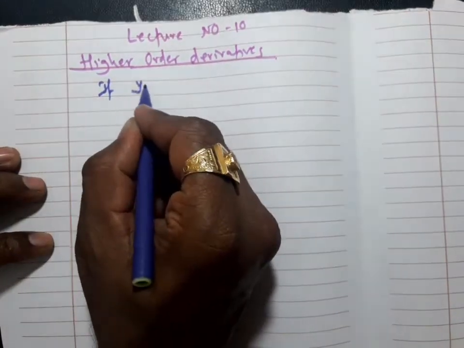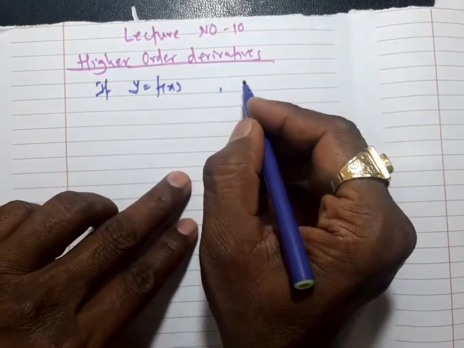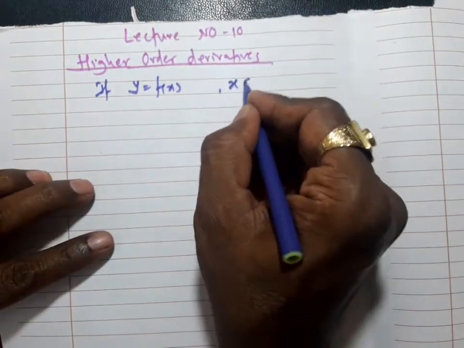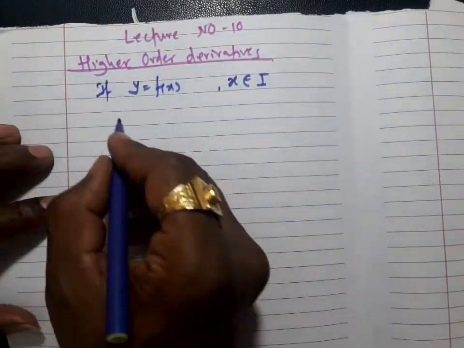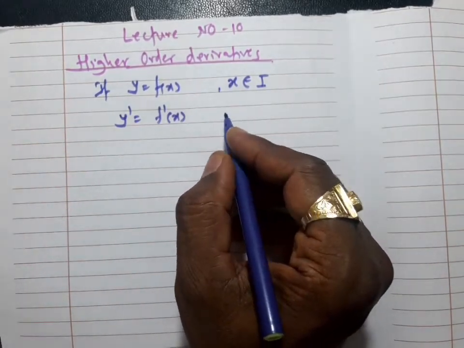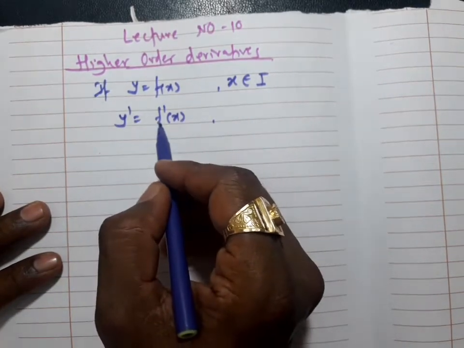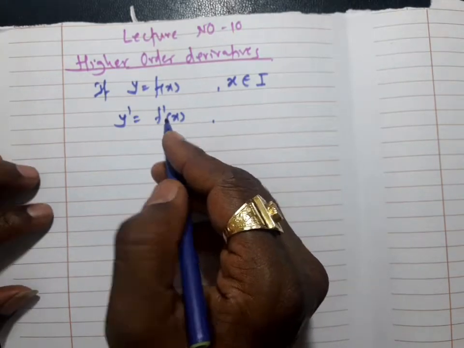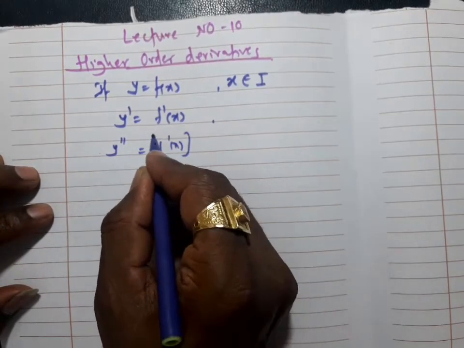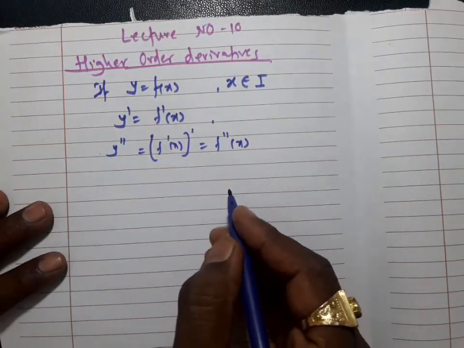If y equals f(x) is a differentiable function of x on an open interval I, then y dash, that is f dash x, is also a function on interval I. If f dash x is also differentiable, then y2 dash, that is f2 dash x, is nothing but the second order derivative.